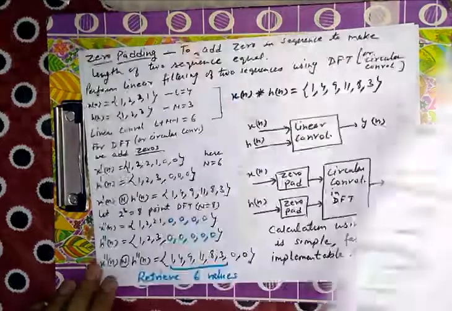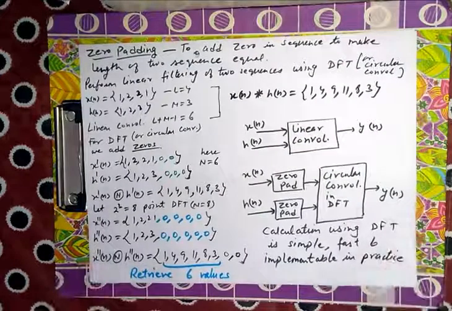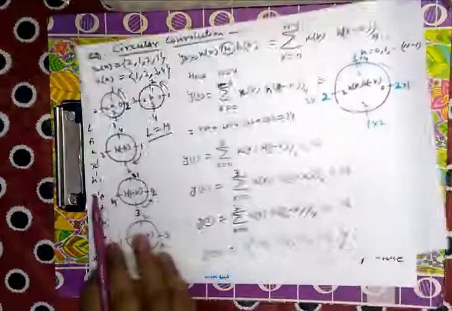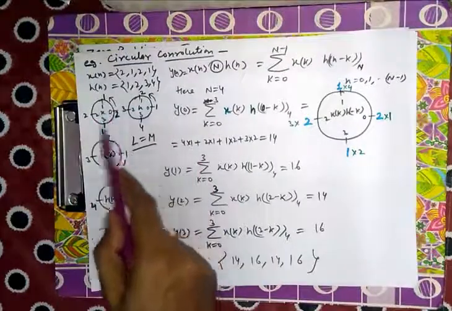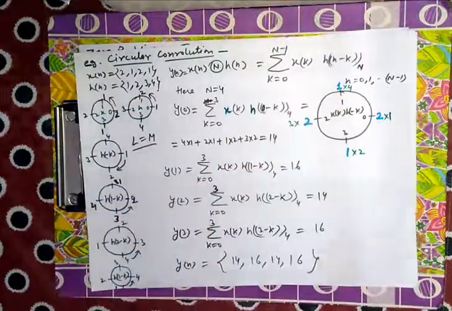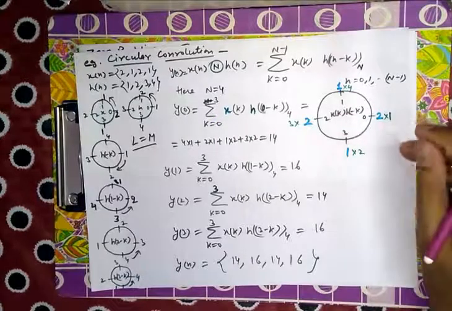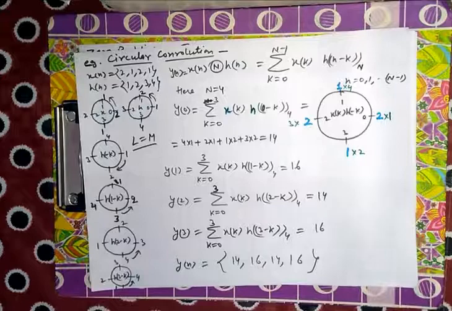Now what is zero padding? Zero padding is adding zeros to a sequence to make the lengths of the two sequences equal, because in circular convolution we overlap two circles, so both sequences should have the same length, otherwise it will not be symmetrical.